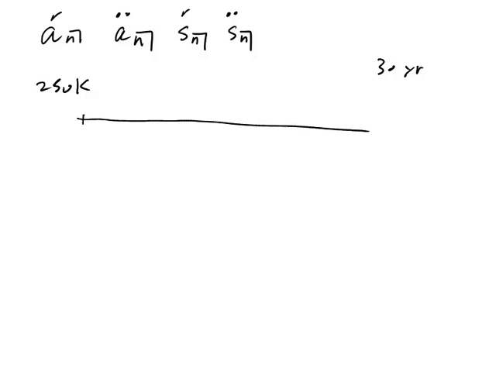So basically you buy a $250K house and you can pay it over 30 years, which is 360 months. So this is month 1, month 2, month 3, all the way to month 360. This is 359. You have level payments, X, a level payment.